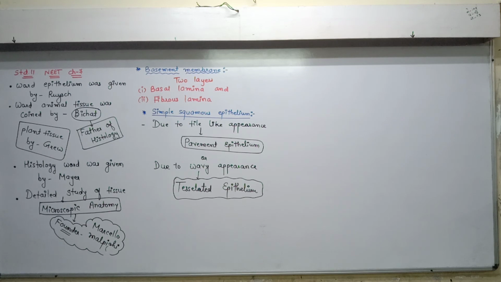Where is simple squamous epithelium located? That I can tell you now. It is found in the lining of the Bowman's capsule, in brackets you write podocyte.